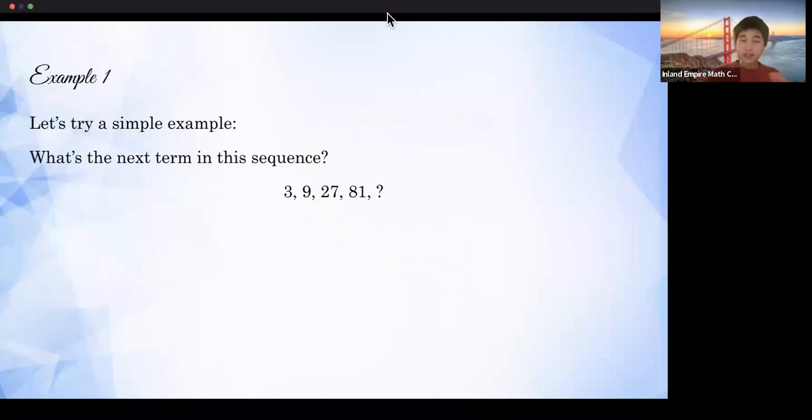All right, I'm going to explain this briefly. When we're doing these kinds of questions, we first find the common ratio. So we need to find the common ratio for this sequence.